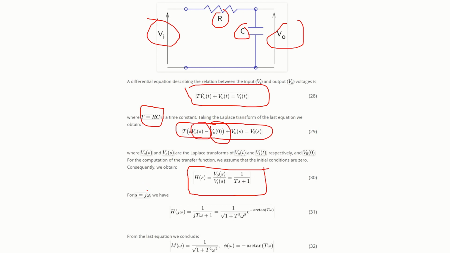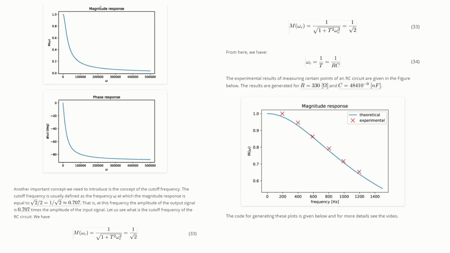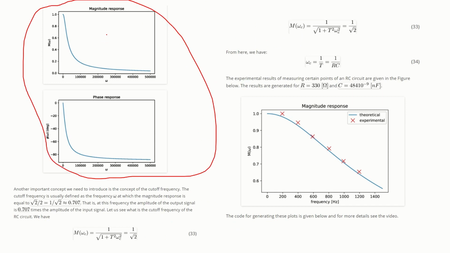Now, by substituting s as j omega, we have the following form, the polar form of the transfer function, where we can immediately read the magnitude and the phase. So the magnitude and the phase are given as follows. Here's a numerical example of computing the magnitude response and phase response of the RC circuit.